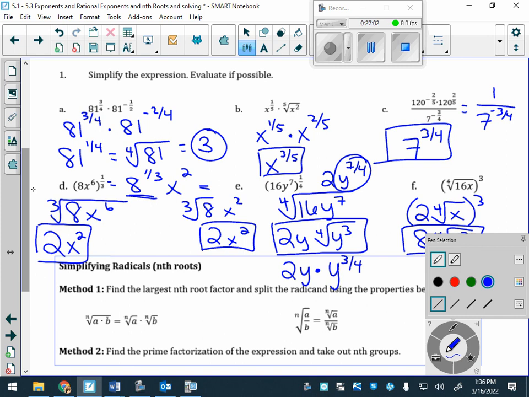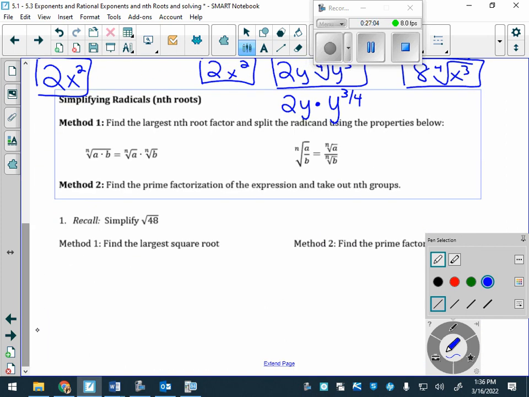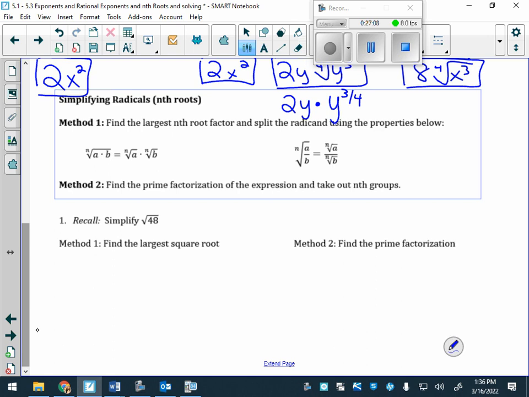So, some properties to remember in terms of simplifying. With multiplication, if you have the same index, meaning the n is the same, and you're multiplying, it could be written under 1 radical. Same thing with dividing.